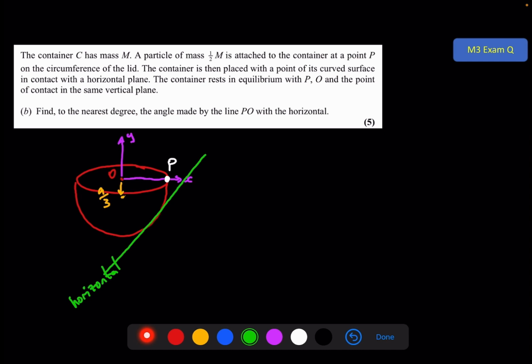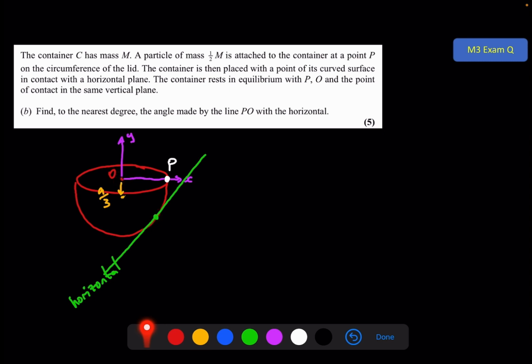And then we know two interesting things about the vertical line through the point of contact here. The first useful thing we know is that the center point of a sphere, if you imagine the full sphere here, is always vertically above the point of contact of a plane. It can't not be. So this point is vertically above this point.